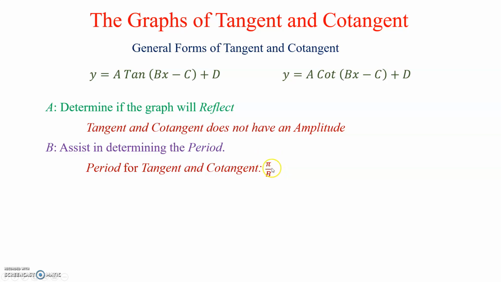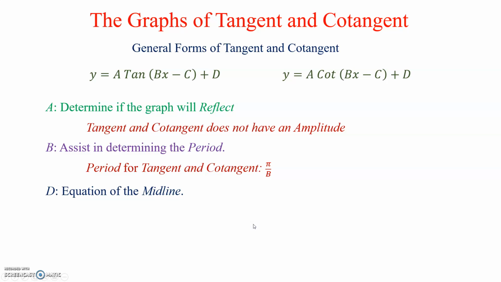And this should be sensible because in sine and cosine, the original period was 2 pi. And so to find the altered period, we take 2 pi divided by b. Whereas with tangent and cotangent, the original period is pi. So it should be reasonable for the formula to be pi divided by b.